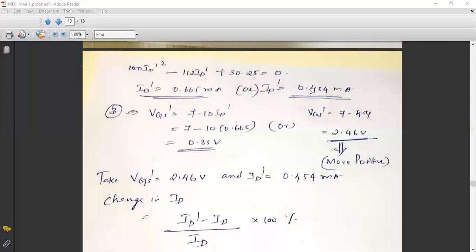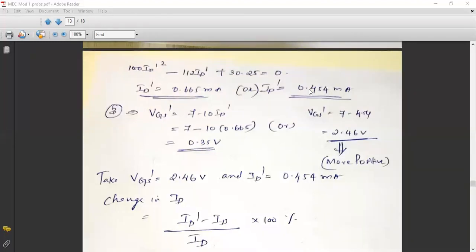Yes, what is the answer? Yes, Banu Prakash, what is the answer?